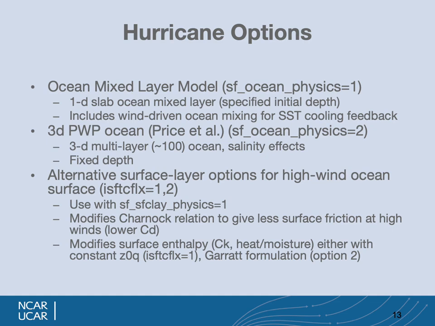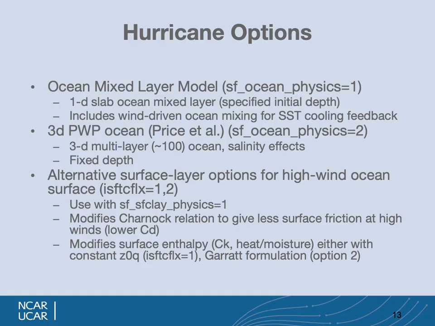Before going to the land model options, I'll talk about a few other options related to the surface of the model. We have hurricane options. One is an ocean mixed layer model, which is a 1D slab ocean mixed layer with a specified initial depth, and it includes wind-driven ocean mixing, which will give you this sea surface temperature cooling feedback.